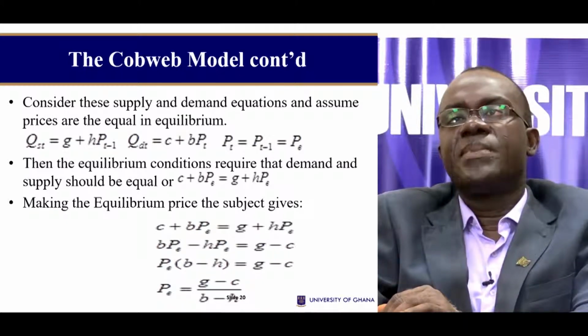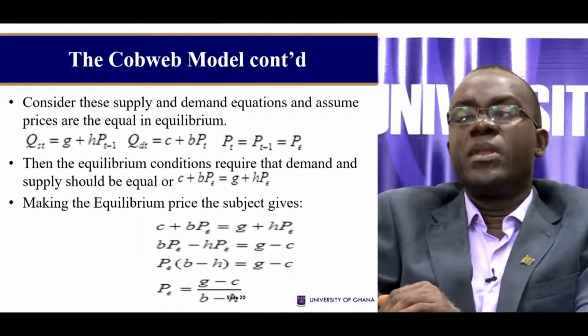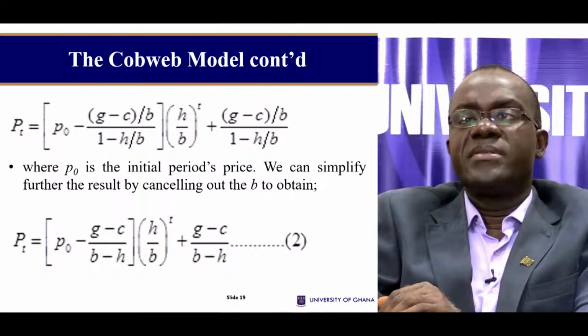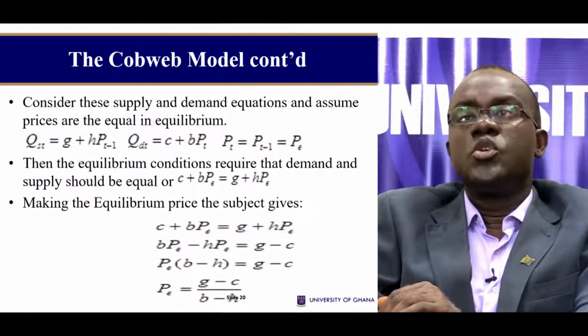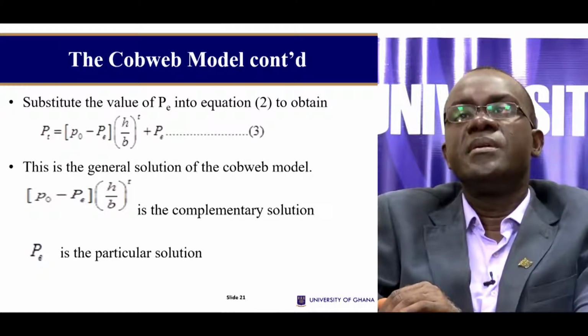So those are supply, those are demand. If we assume that prices are equal at equilibrium, then we have our equilibrium price to be equal to that, and it is the same as what we have standing here and what you have standing here. So when we insert them, we get this equation. So there's the equilibrium price that we have over here, and there's the P over here.